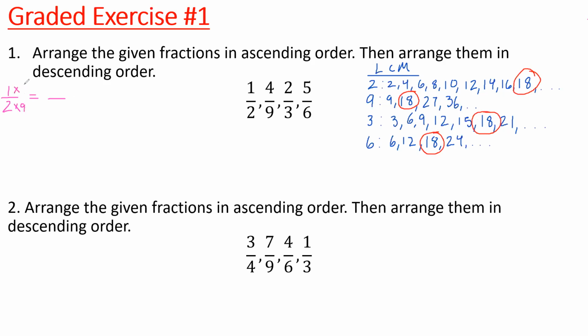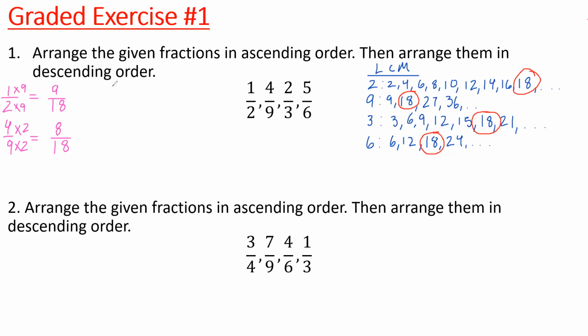It's going to be 9 over 18. Good. And then the next one, we have 4 over 9. Times that by 2. So you're saying 9 times 2 is 18. Multiply the top by 2 as well. So it's going to be 8 over 18.